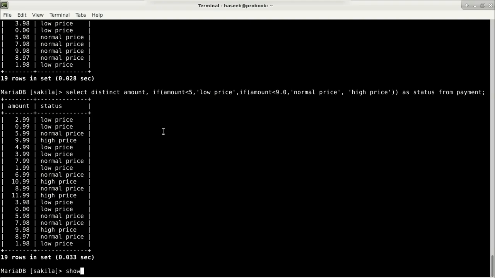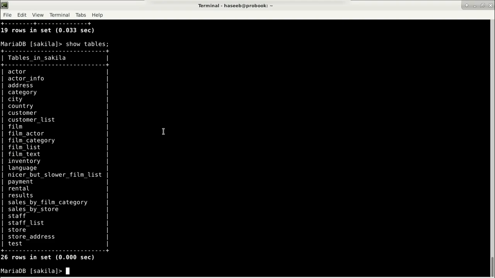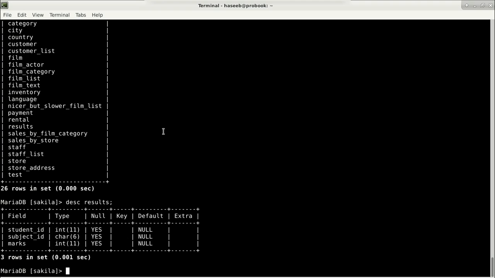Last time we made a table ourselves. Yes, this results table, describe results, describe test.